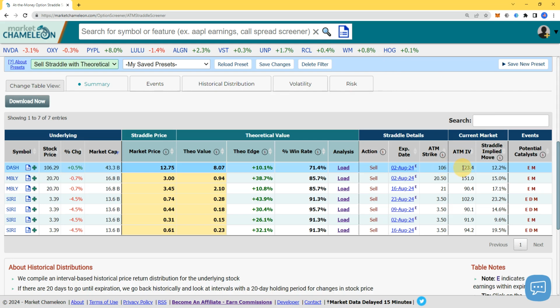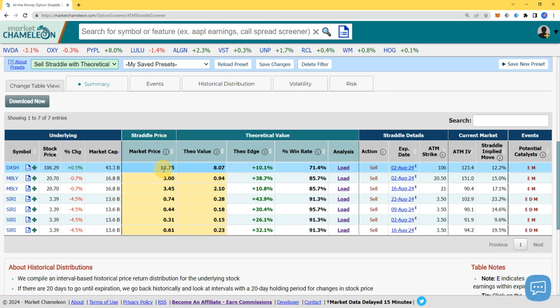At-the-money implied volatility is 123, but it says earnings. There we go. This is why it's so super high, because the earnings is August 1st, and it says here the catalyst is August 1st earnings, plus all the market information, but you still have, based on history, a 71% win rate. What does it mean?